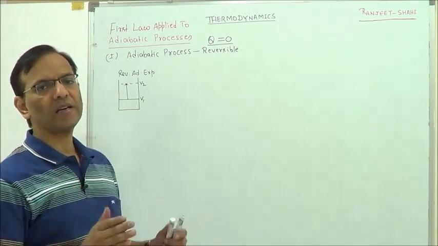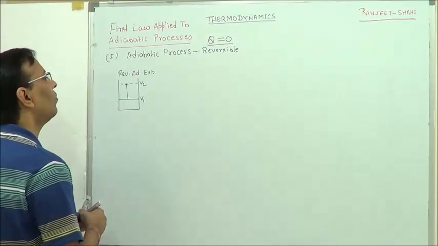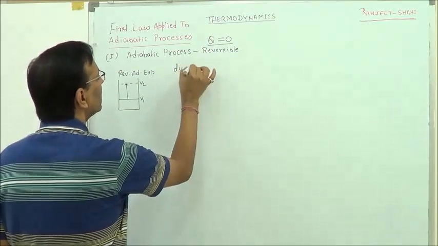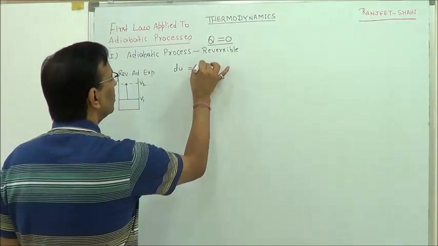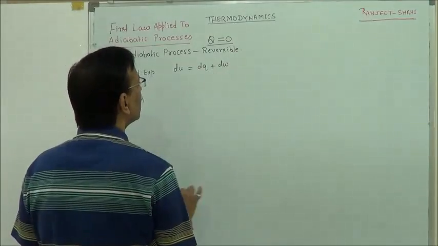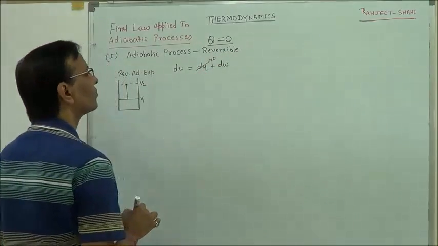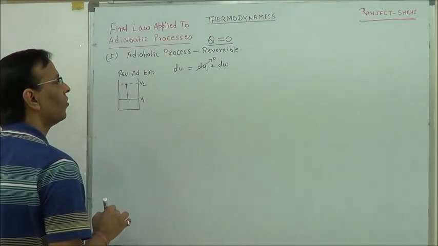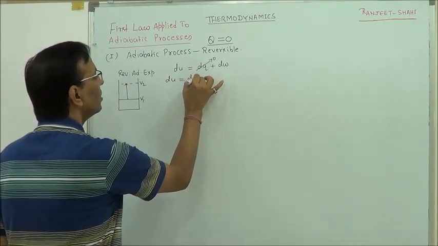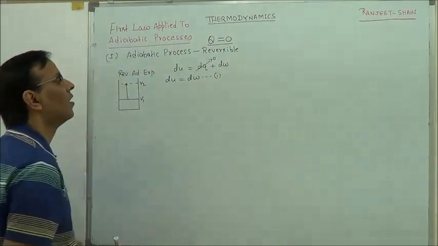So for an infinitesimal step, for a small step, we write the first law as dU, change in internal energy, is equal to dq plus dw. But since the process is adiabatic, dq will be 0. So we have dU is dw. Let us call this equation 1.